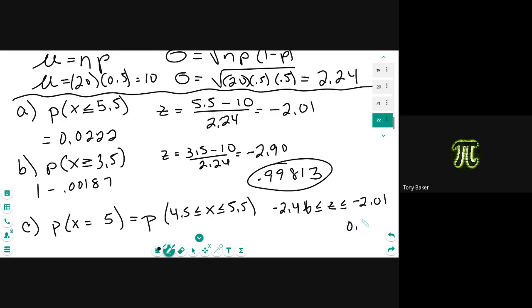So we already know that one's 0.0222. We just need to find the negative 2.46. 0.0070. Oh, 69, you got it? Okay.